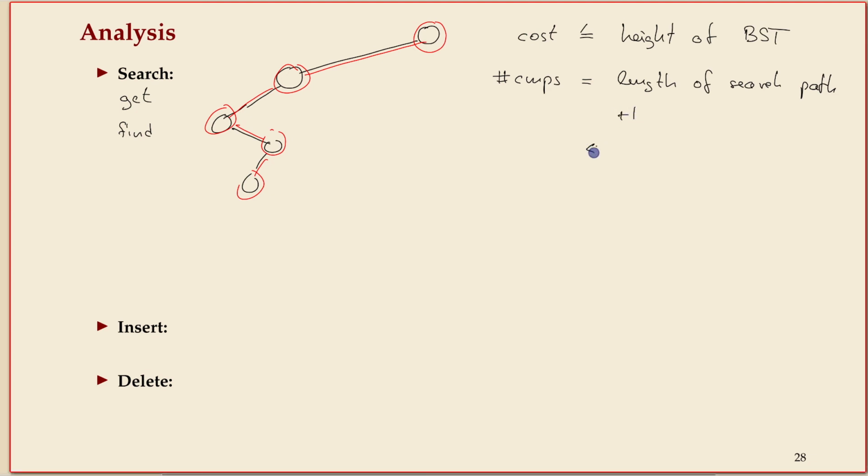And so again, this is at most the height +1. And so all we can say for now is if h is the height of the tree, then the cost of finding an element or finding a node in the tree has cost at most h, or order h, big O of h, if you want to be less precise.